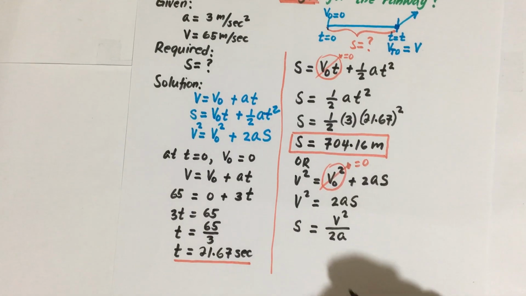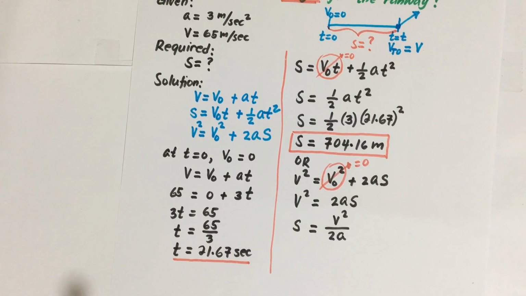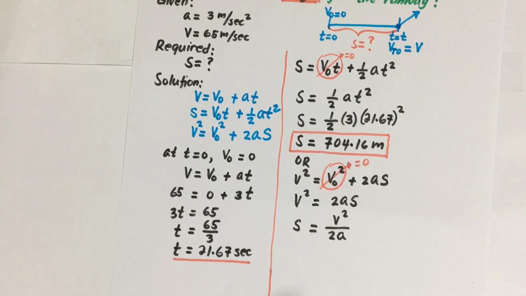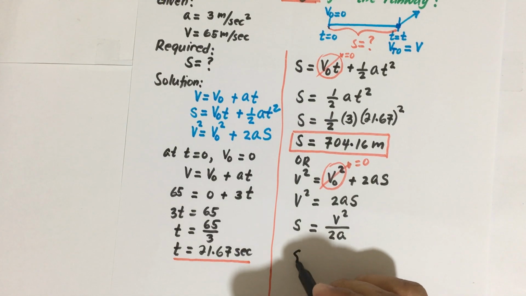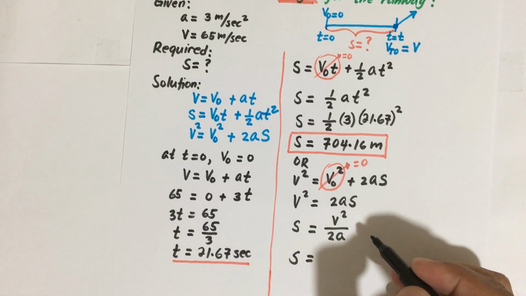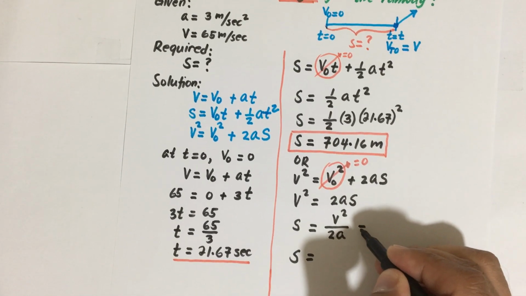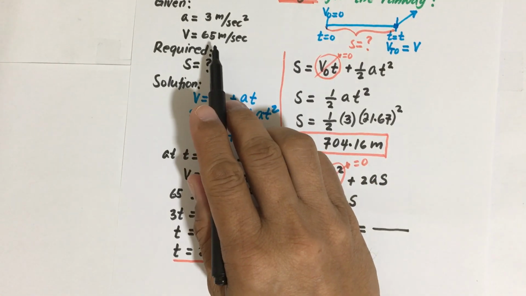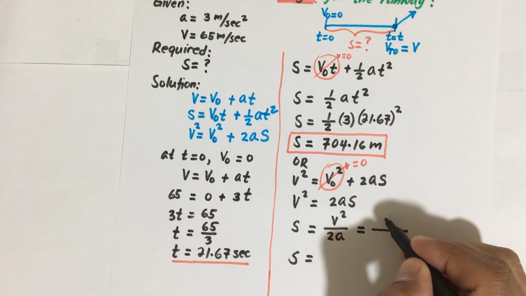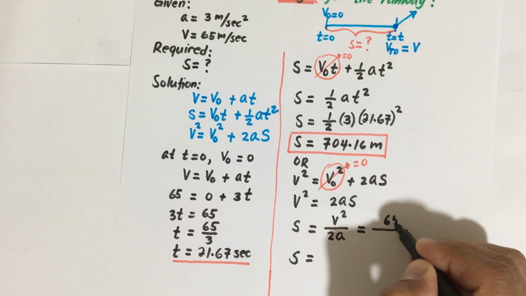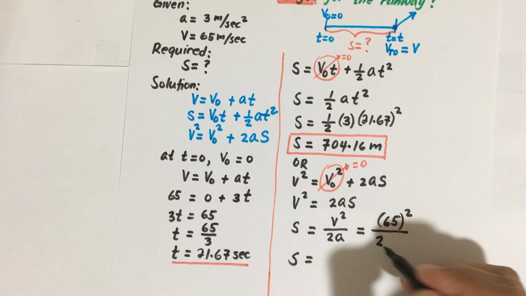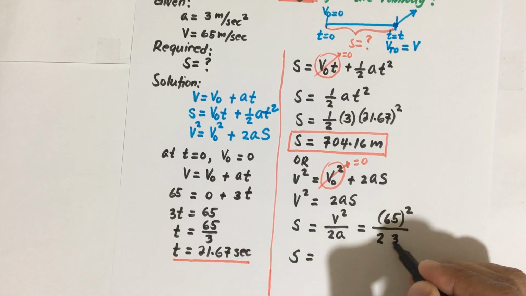And substituting the given values, our v is 65 meter per second. So 65 squared, divided by 2 times the acceleration, which is 3.